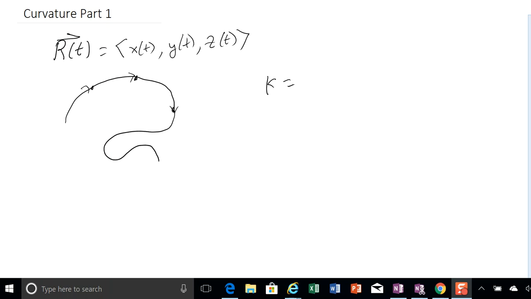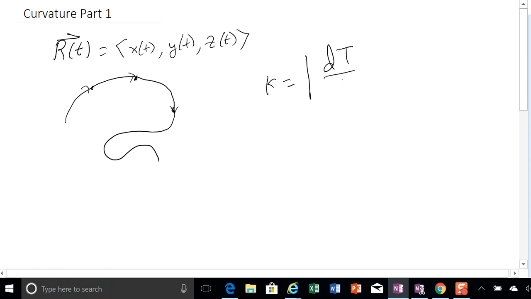So we're going to define kappa as the magnitude of dT/ds, where T is a function of s.